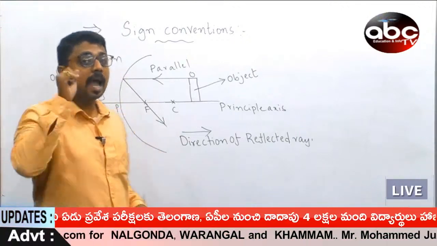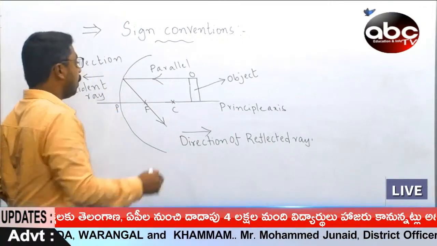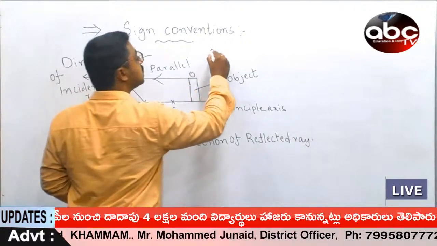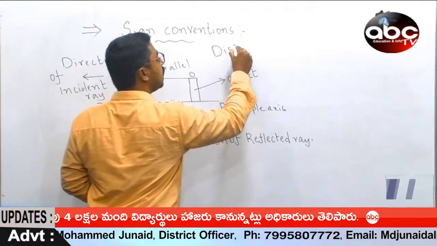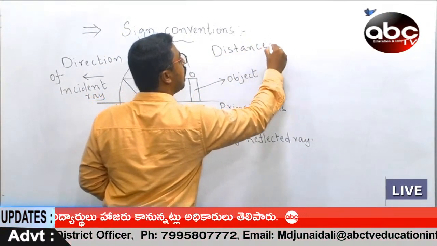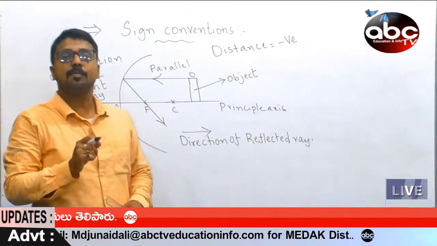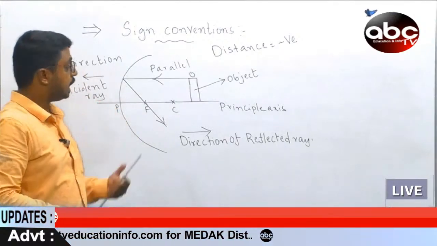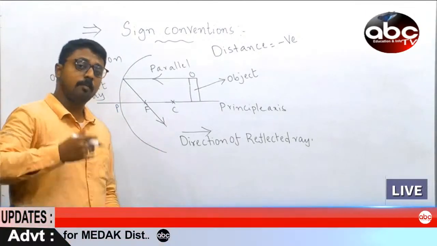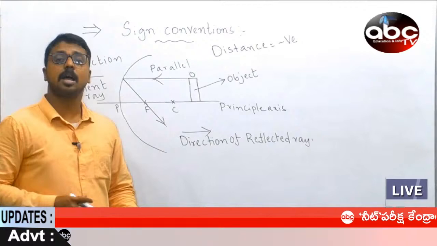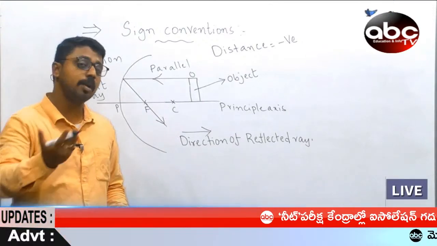So in such a situation, whatever distance we take, we have to take it as negative. Whether it is the object distance, the image distance, the focal length, or the radius of curvature.